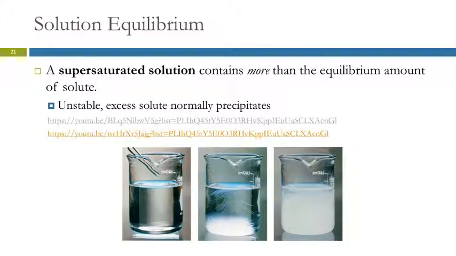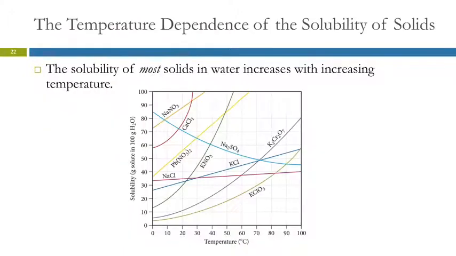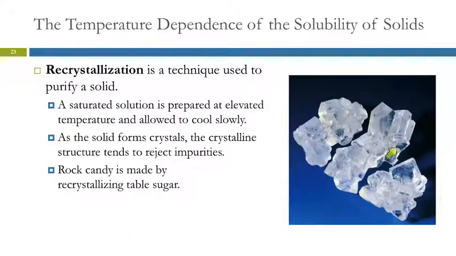So what you want when you're making rock candy, which is over here, is you want to cool it slowly. You don't actually want it to be supersaturated. You want those crystals to form slowly as the temperature comes down so that you can get nice big crystals.